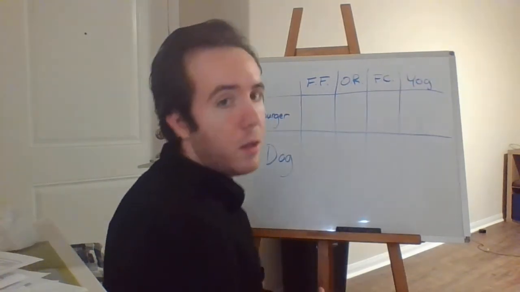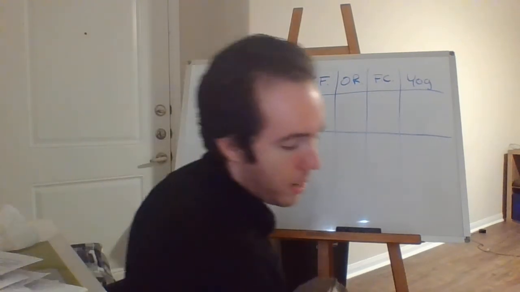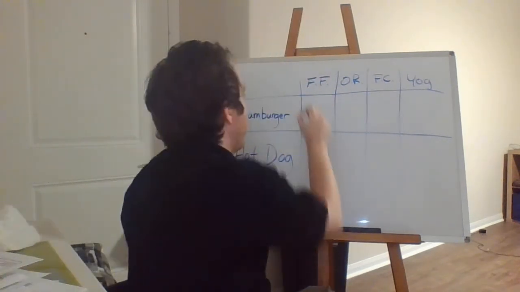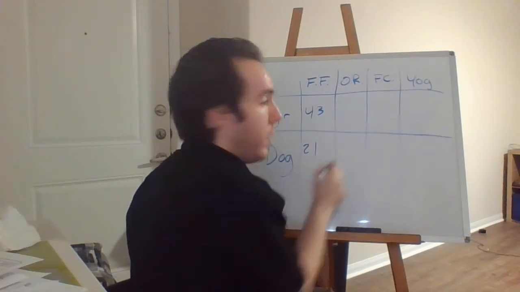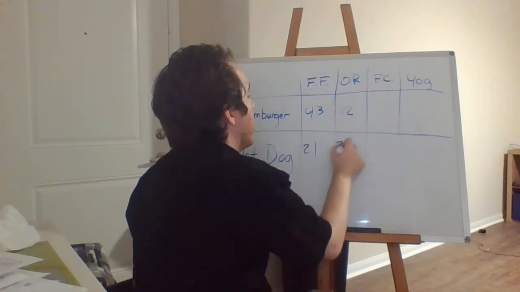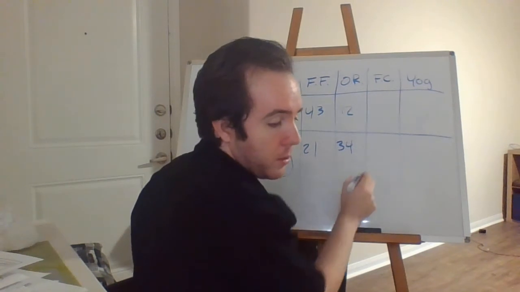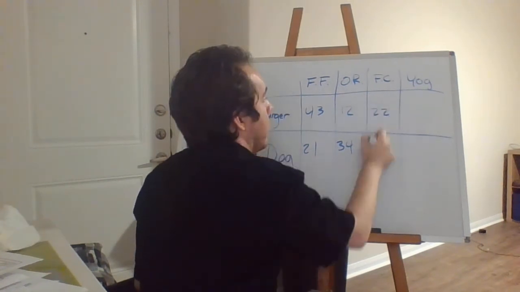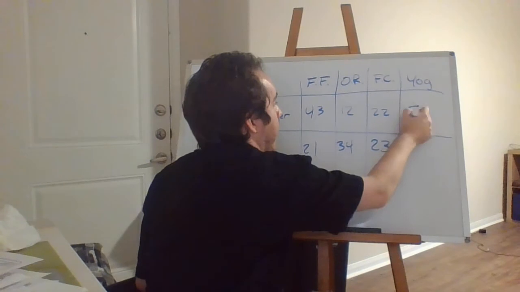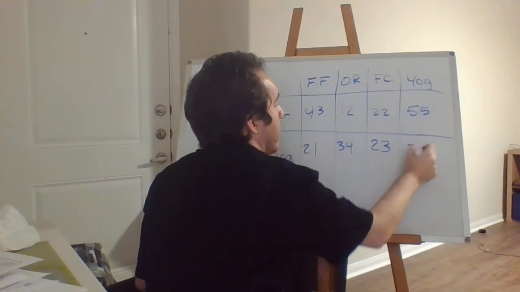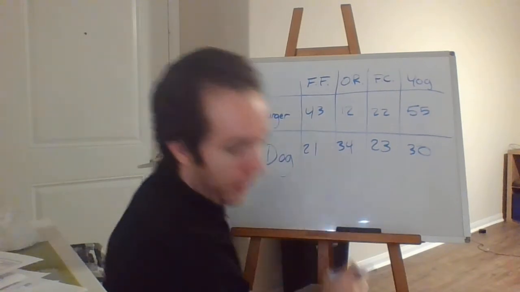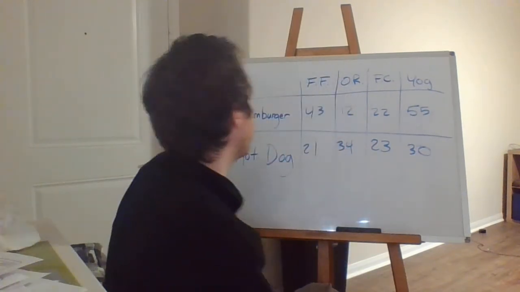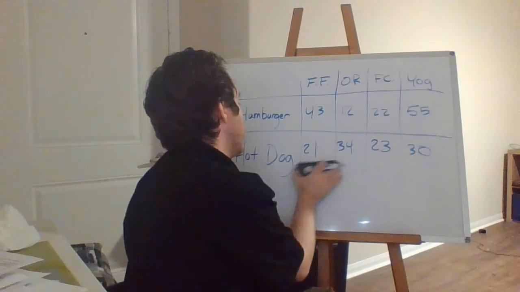Right? So those are the 4 things that could be ordered. And we see that we have 43, 21, 12 and 34, 22 and 23, 55, 30. So we want to know how many total orders there are, and we're interested in the hamburger with the side of onion rings.